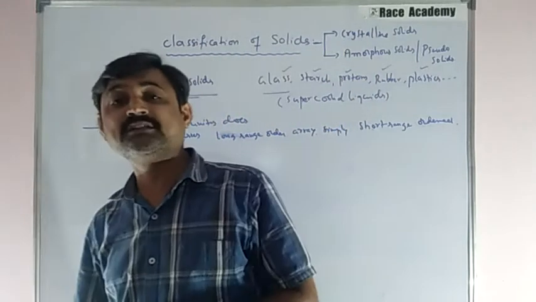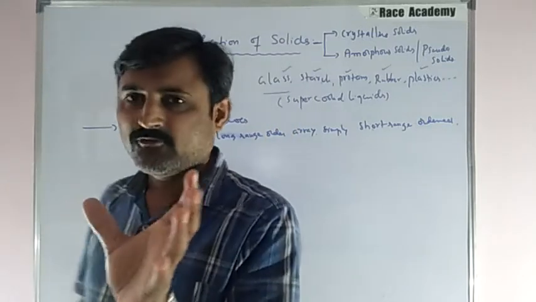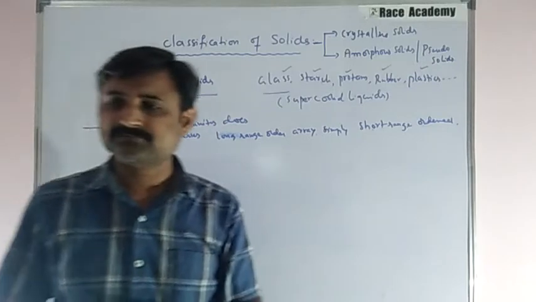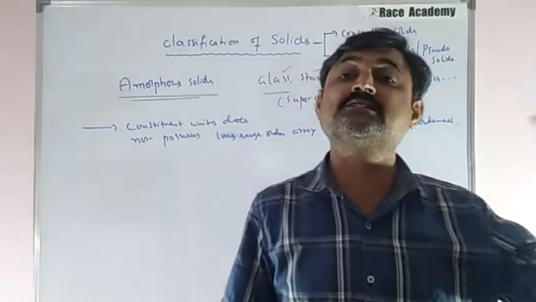Sometimes a small part of the amorphous solid will behave like a crystalline solid, and the rest of the other part will behave like a non-crystalline solid.